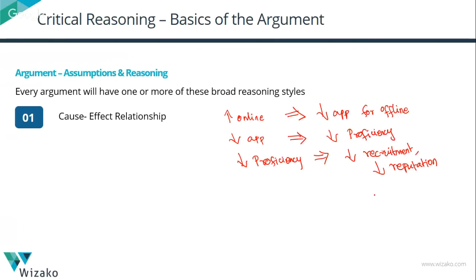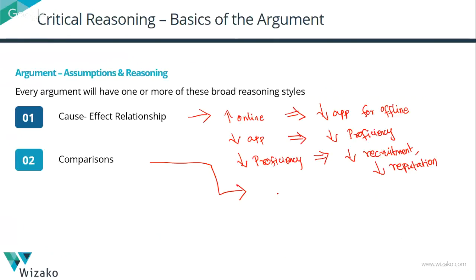A second type of reasoning style that you can have is a comparison made in the argument. This particular argument also has a comparison relationship. What is the comparison in this argument? We are comparing the online students and the offline students.